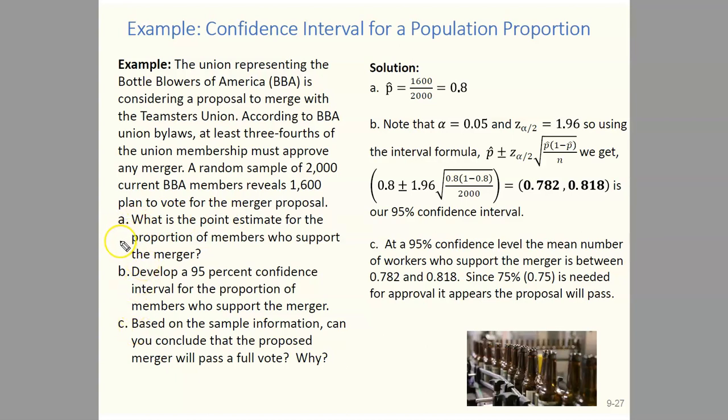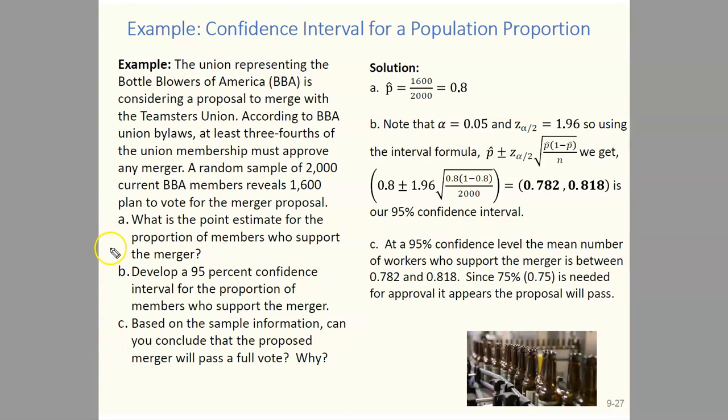Part A, what is the point estimate for the proportion of members who support the merger? Part B, develop a 95% confidence interval for the proportion of members who support the merger. And then Part C, based on the sample information, can you conclude that the proposed merger will pass a full vote, and why?